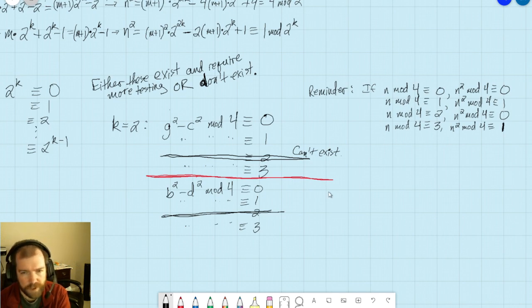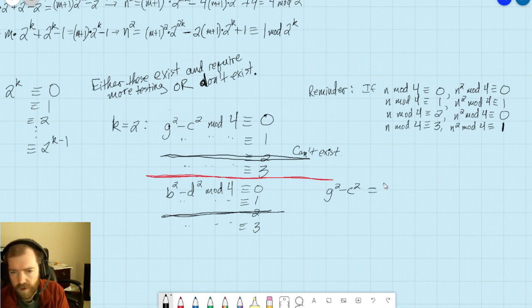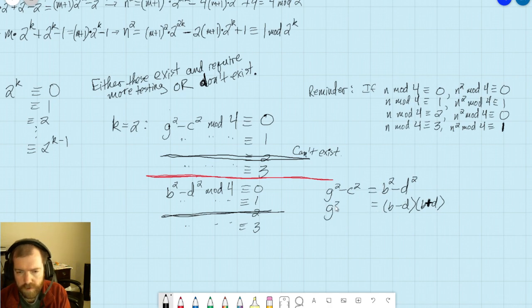She had used a formulation which said that g squared minus c squared was going to be equal to b squared minus d squared. B squared minus d squared is also the difference of squares, so b minus d times b plus d is equal to g squared minus c squared. And we should be able to divide one of these off.